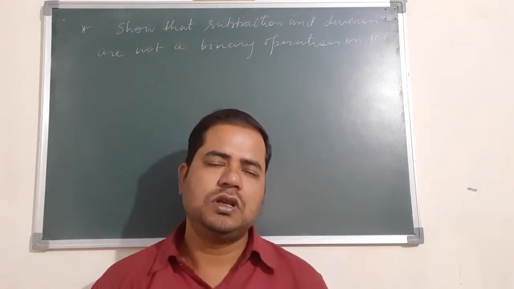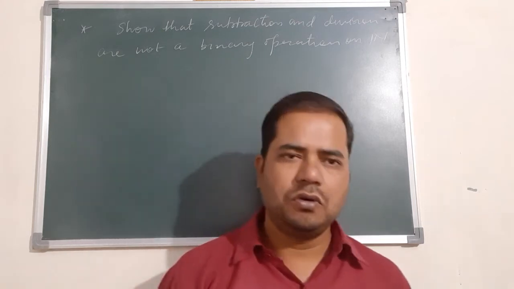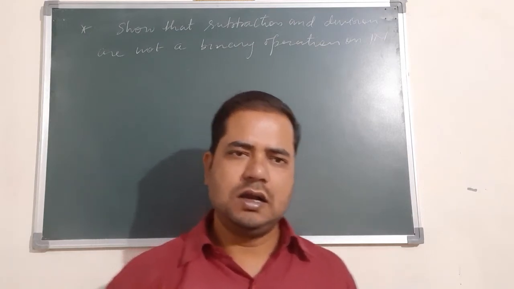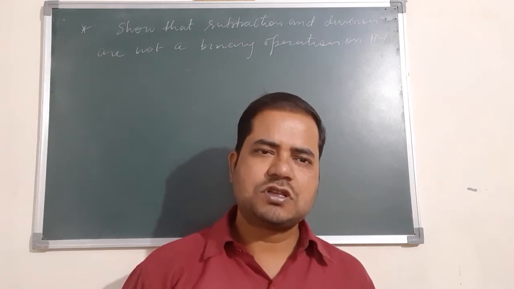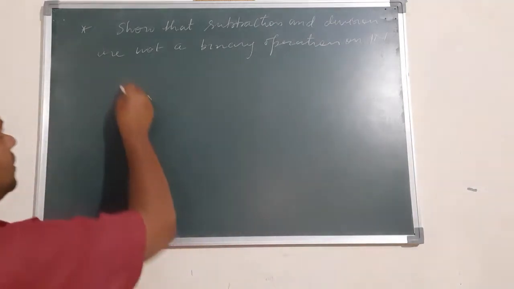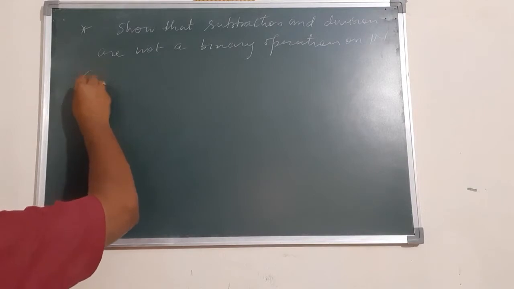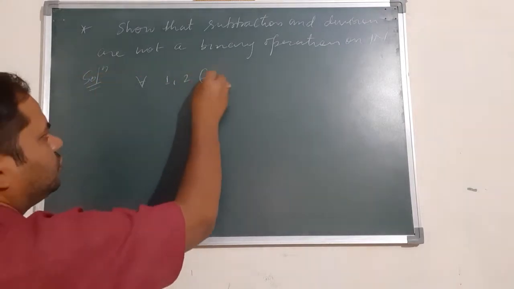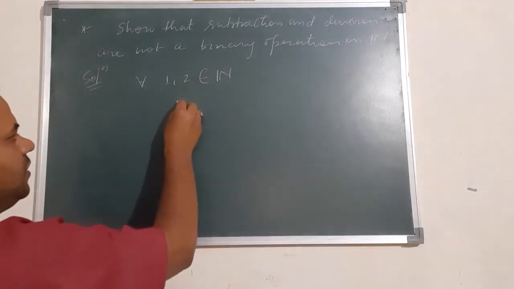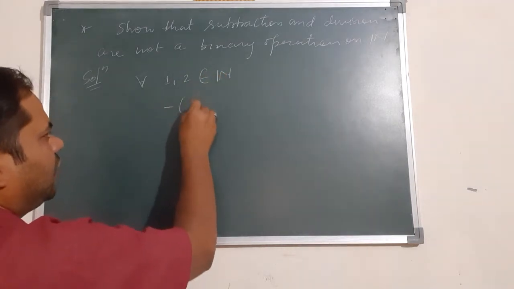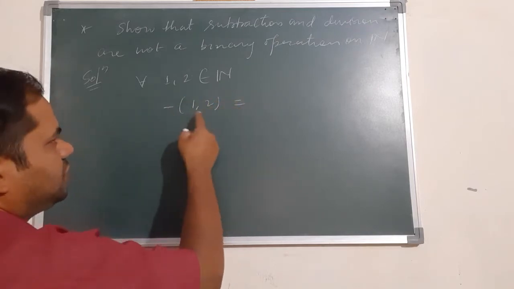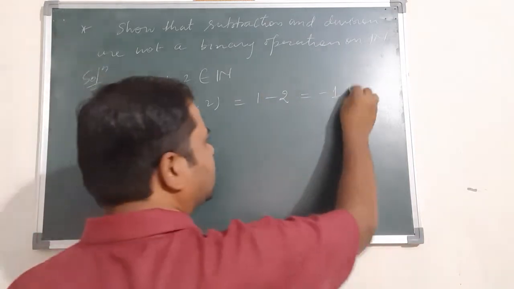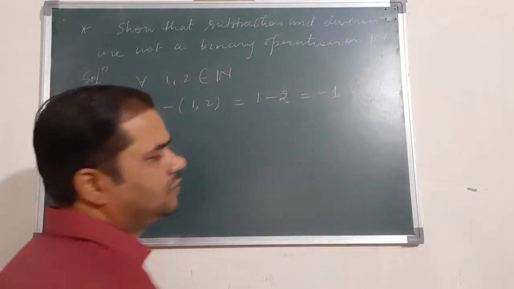As you know, in the set of natural numbers, only 1, 2, 3, that means counting numbers, are contained. So if you subtract, suppose, solution: suppose 1, 2 belong to natural numbers, then the binary operation of 1, 2, that is 1 minus 2, is minus 1, but this does not belong to the natural numbers.